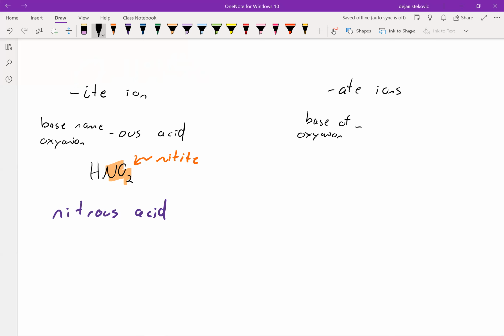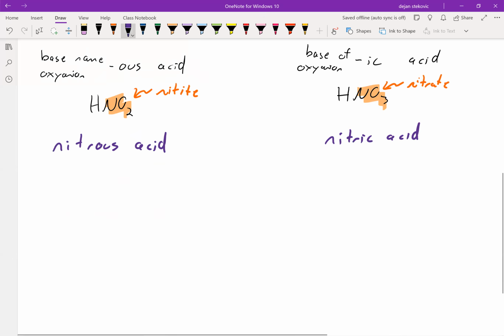And then the ate becomes an ic, and then the word acid gets added in. So for example, HNO3, NO3 minus is nitrate. So this would become nitric acid.